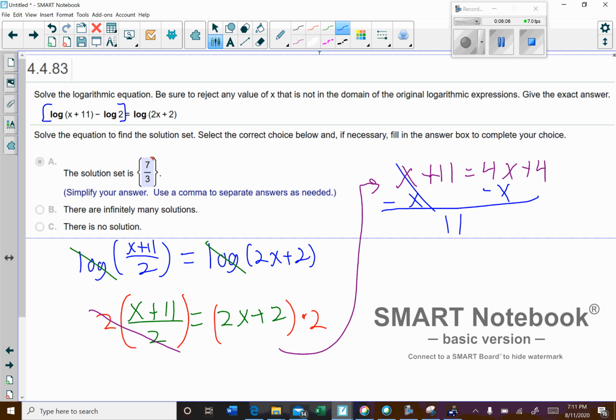So 11 equals 3x plus 4. And I'll subtract 4 from both sides. And let's see, that'll give us 7 equals 3x. And then we'll divide by 3 on both sides. And there we go. We can see that's the same answer they got right there.